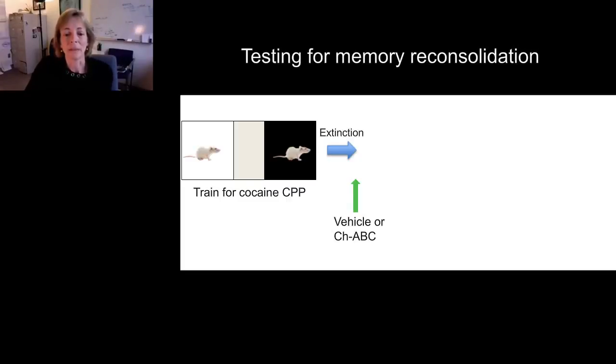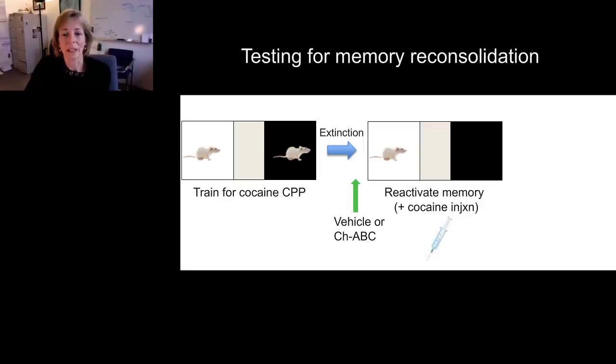And then we give the vehicle or the CHABC into the prefrontal cortex. And now we have to reactivate the memory, just like I showed you earlier. We have to reactivate that memory to make it become labile for a period of time. The way that she did this was to give a cocaine injection, and essentially it's a reminder of what the cocaine felt like.